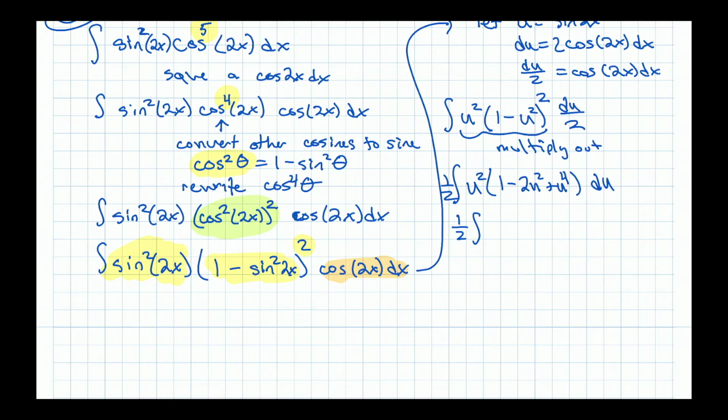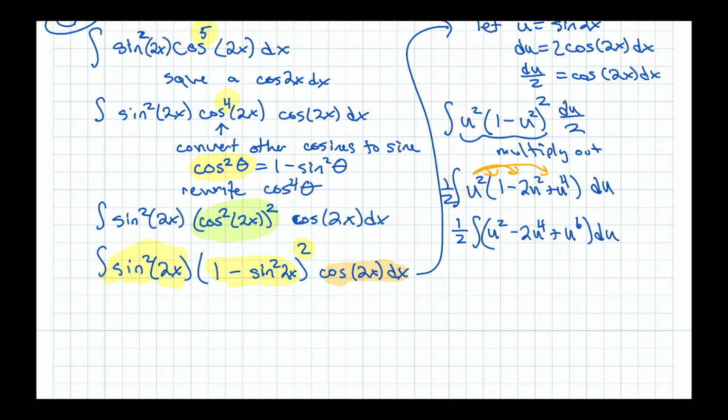Then you can distribute the u squared through here: u squared minus 2u to the fourth plus u to the sixth du. You see that that's more work. We just had to multiply out more stuff. We had to rewrite it in the first place. These are more trouble, but it is what it is. This is how you do them.